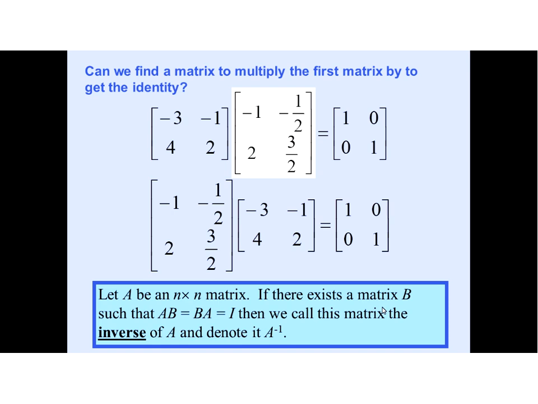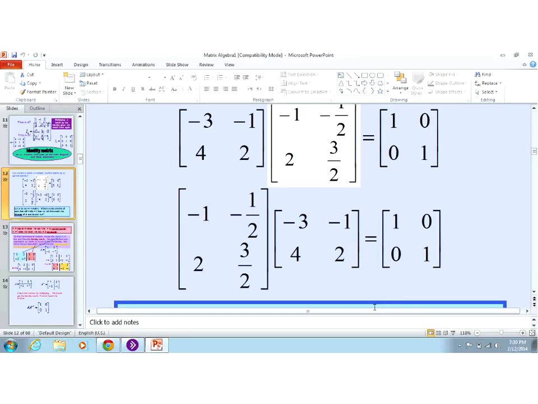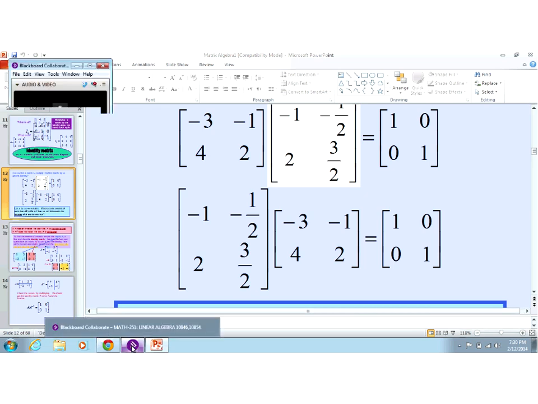So let A and B be n cross n matrices. If there exists a matrix B such that AB equals BA equals I, then we call the matrix B the inverse of A, and it is denoted by A inverse. So this is the solution.